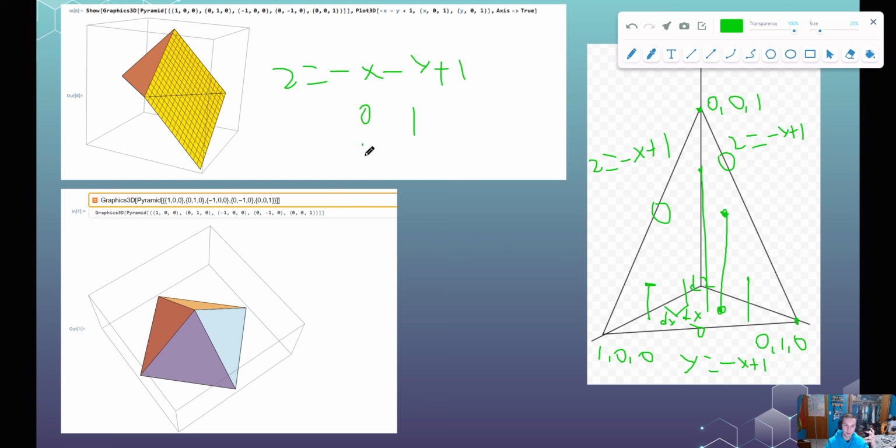Okay, that checks out. If I plug in a 1 and a 0, I should also get 0, so I should be down here. If I plug in 1/2 and 1/2, I should still be at 0, which would be down here. I plugged in a couple of points, some major ones, and it feels like it's working. Cool. Okay, I'm pretty sure I have an expression for this plane.